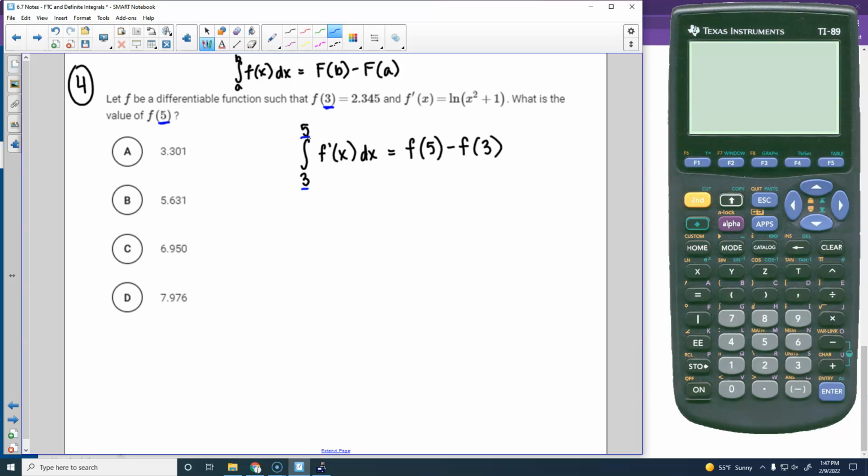So we can do this part right here on the calculator because they did give us the equation for f prime. So to integrate, do a definite integral on the calculator. Pay close attention. You probably want to try on your own to do this as well.